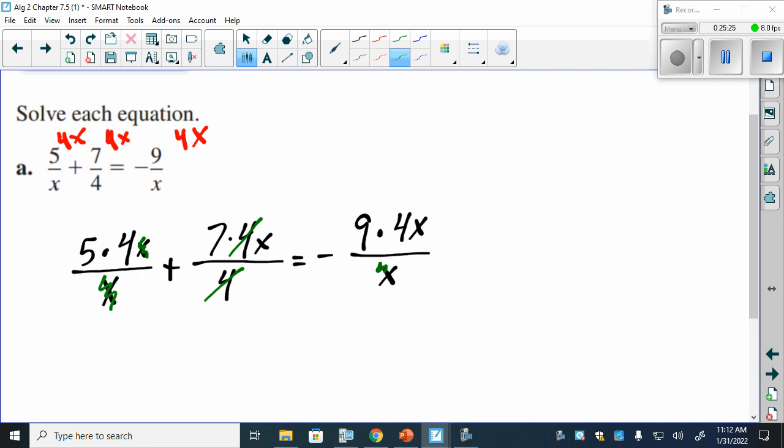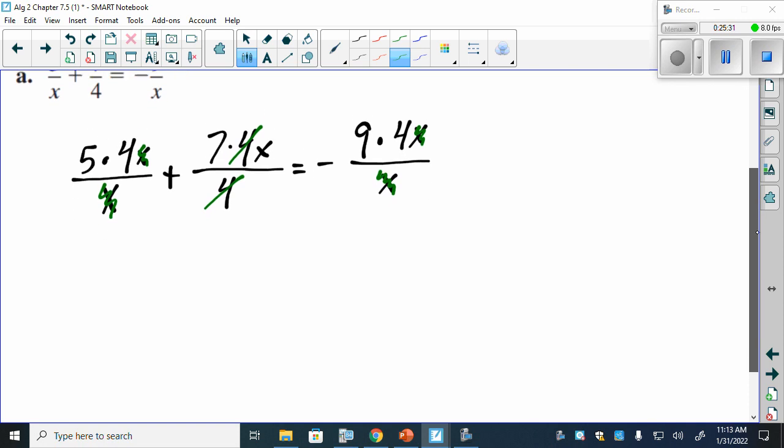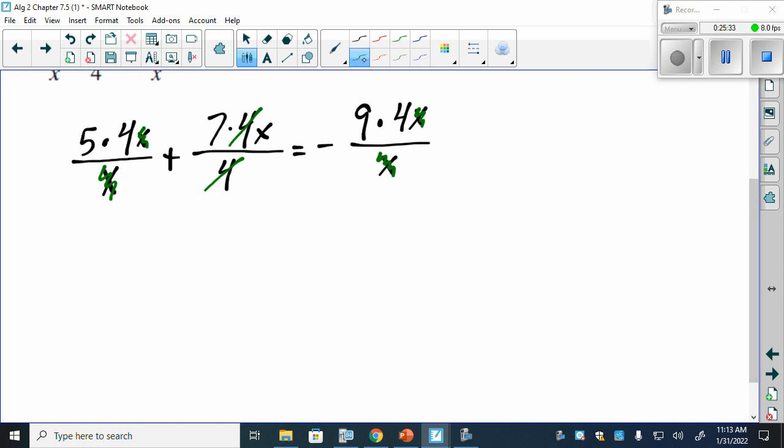And in the last one, our x and x cancel. And what does that leave us with? In the first one, we are just left with 5 times 4, which is 20, plus the middle one would just be our 7x, because 7 and x are the only things left, is equal to negative 9 times 4, which is 36. So multiplying everything by 4x simplified all the denominators, leaving us with this.